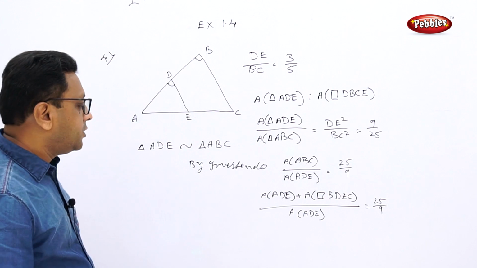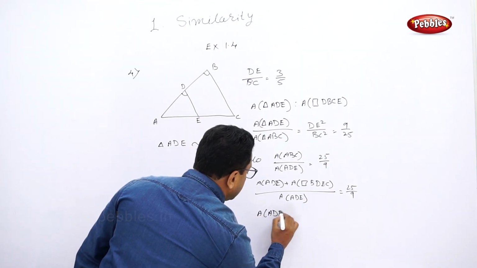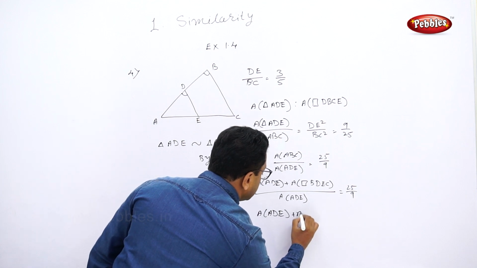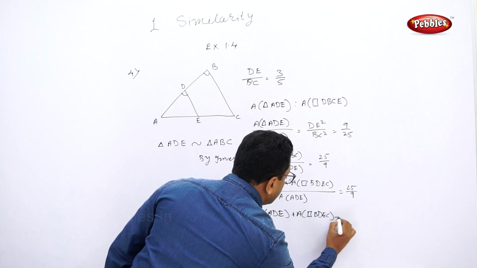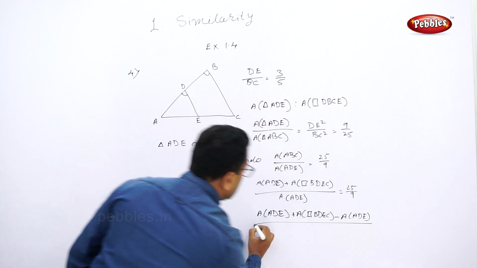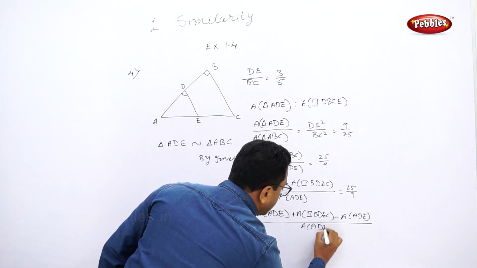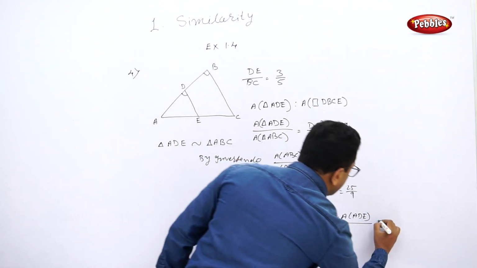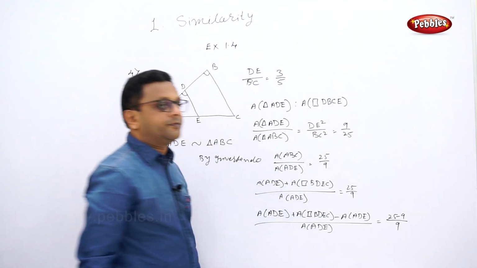So what I will get, area of ADE plus area of quadrilateral BDEC minus area of ADE upon area of ADE is equal to 25 minus 9 upon 9.